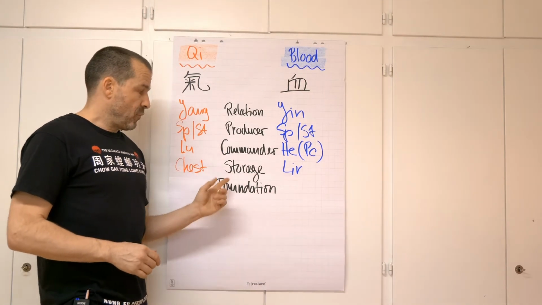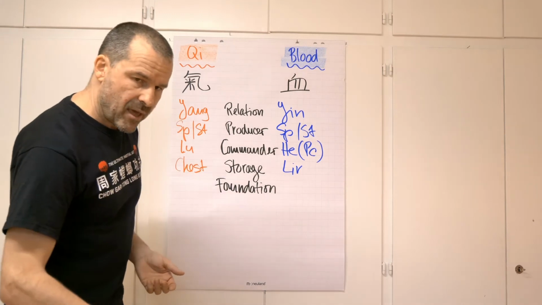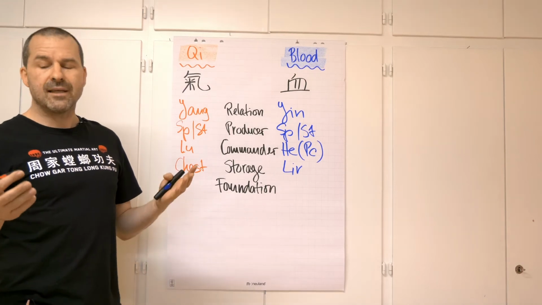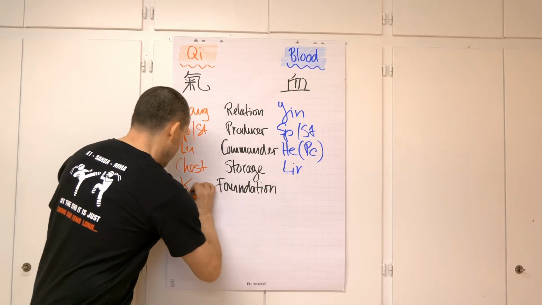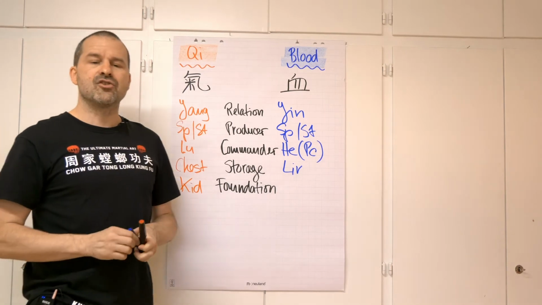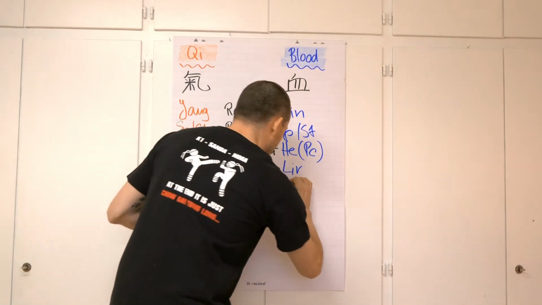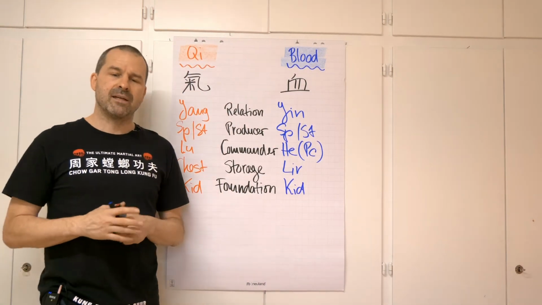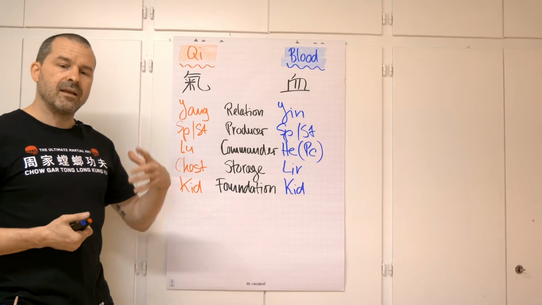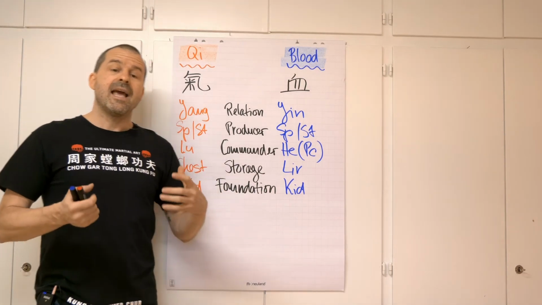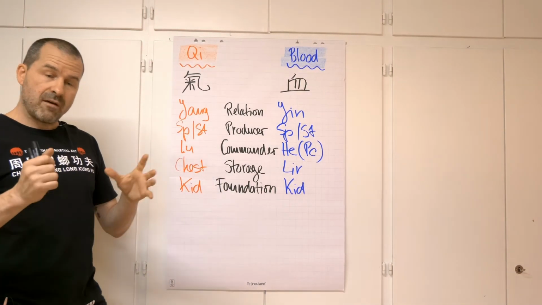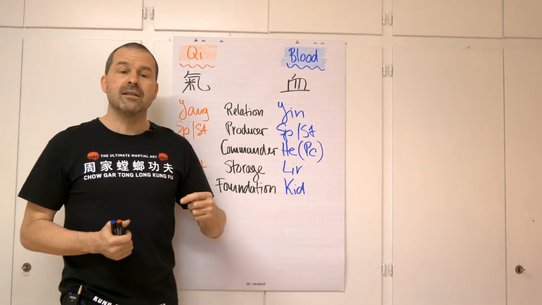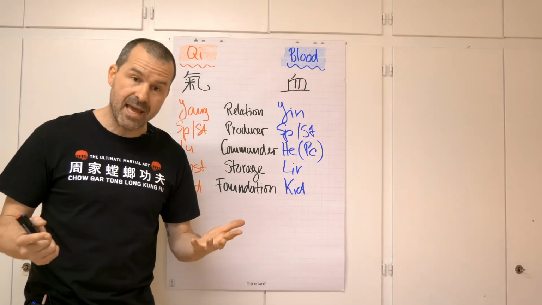When we go further, the foundation of everything in the human body is the kidney. The kidneys are the source of everything, for the yin and for the yang, so for the qi and for the blood. The qing, the essence, is stored in the kidney. The kidneys are the only organs that come as a pair.